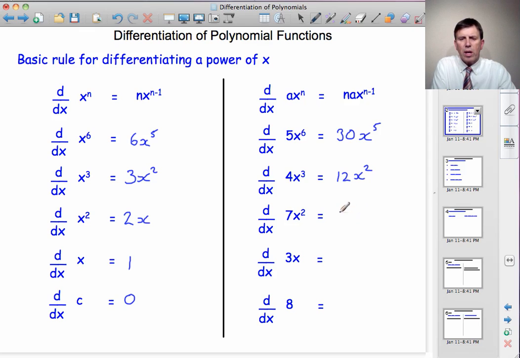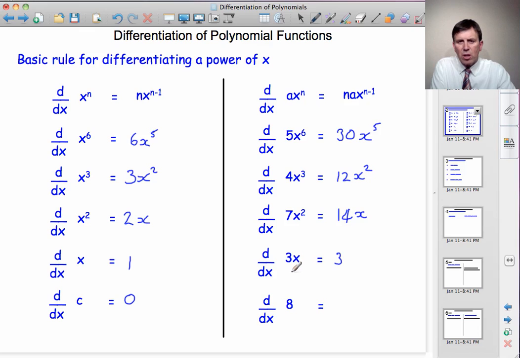Differentiate 7x squared. 2 times 7 is 14, and this becomes x to the 1, we just write it as x. Differentiate 3x. Well, 3x to the 1 times the 3 is 3, and x to the 0 is just 1. But again, it's easier to think, well, if that was y equals 3x, the gradient of y equals 3x is 3.